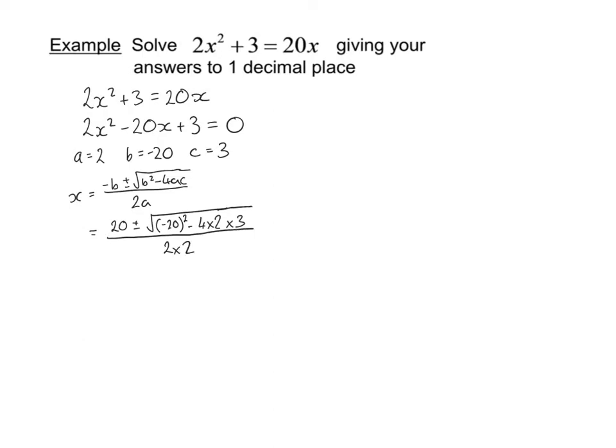Again, what we're looking to do at this stage is evaluate the discriminant. The discriminant is the bit underneath the square root sign, so that can go into our calculator, and that comes to 376.